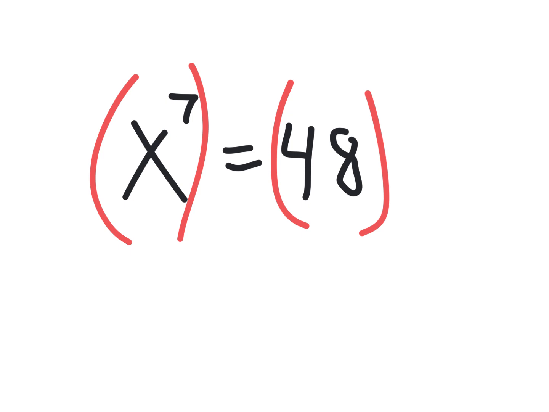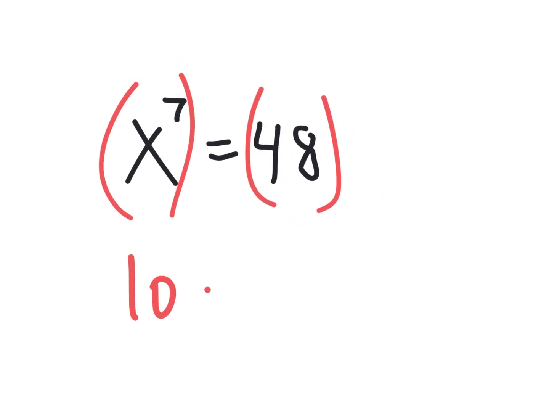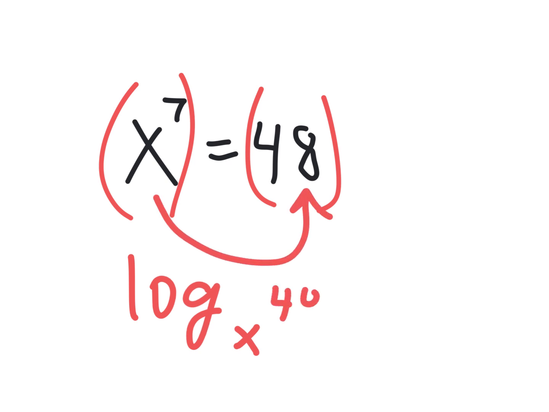Now, what could you write as a log for this? Will it be log base x, circle of logs, of 48, circling back on logs, equals 7. Now, there's always two ways to write these things. And one way is usually, quote, better.